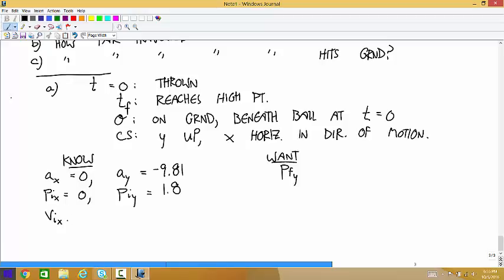VIX and VIY we can get because we know the vector has a magnitude of 28 and makes an angle of 25 degrees with the horizontal. So this will just be 28 times cosine of 25, 28 times the sine of 25.